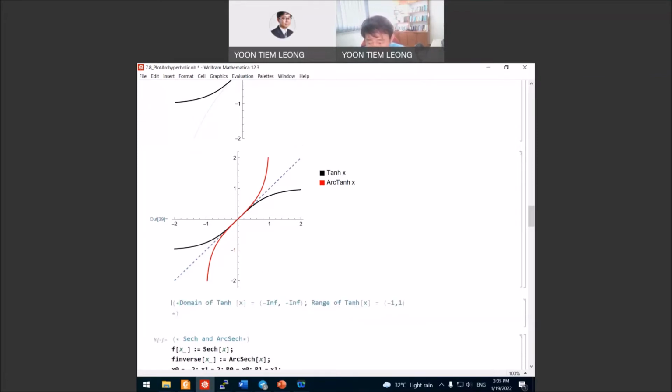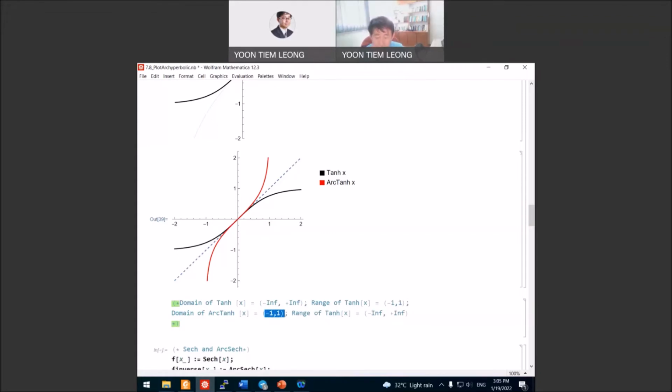Now, if you have already obtained the range and domain of the hyperbolic function, then the inverse of it, the inverse hyperbolic tangent, has a range which is the same as the domain of the original hyperbolic tangent function.